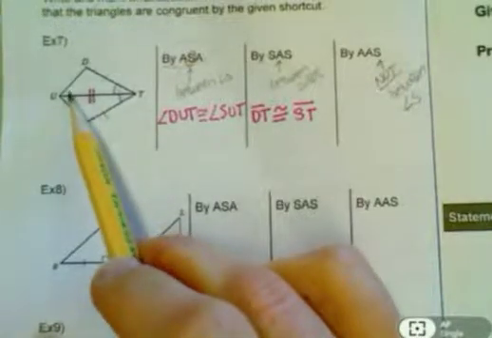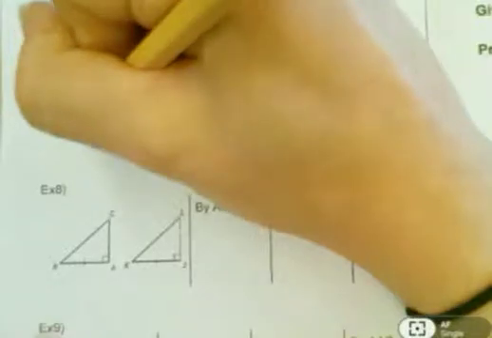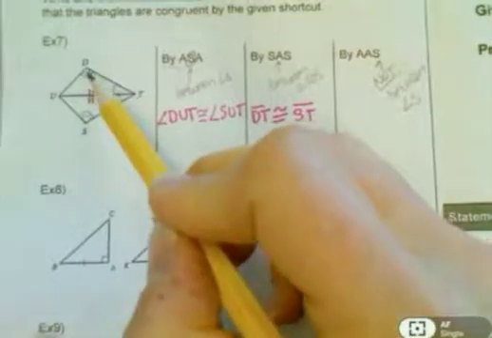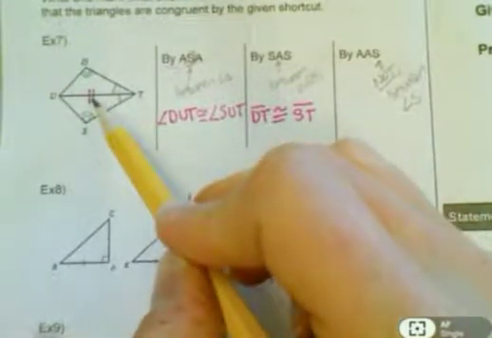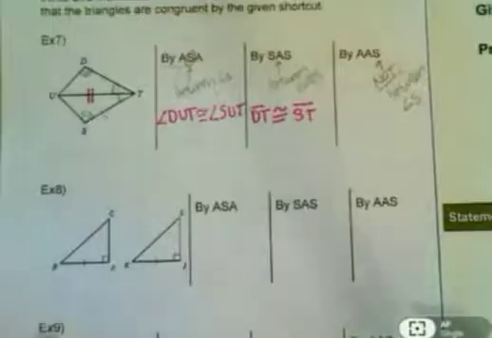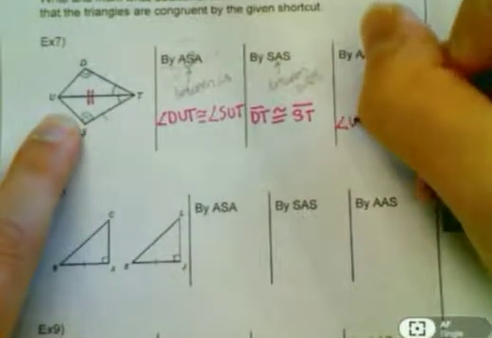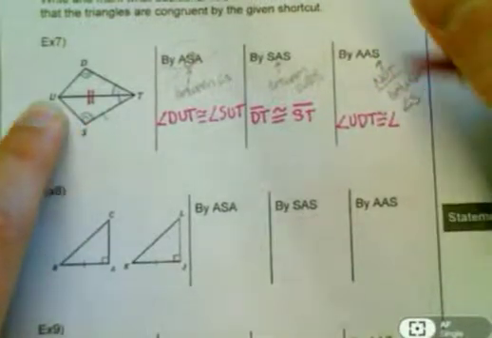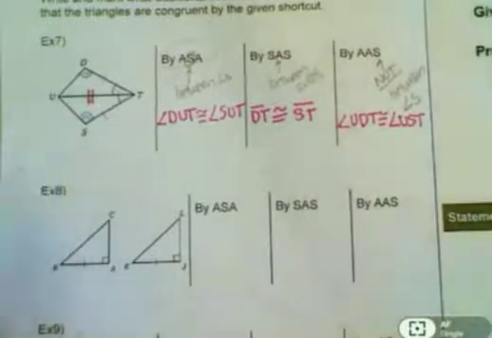So this time, don't put it here, we're going to put it up here. This way, I've got angle, angle, non-included side. And so to write this out, we would need to say that angle UDT would have to be congruent to angle, this one down here, UST.